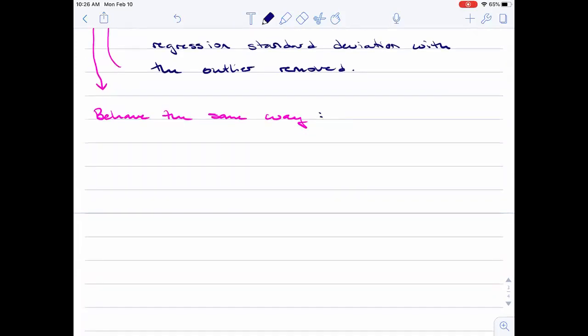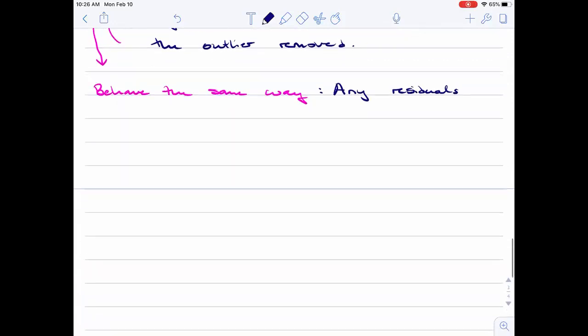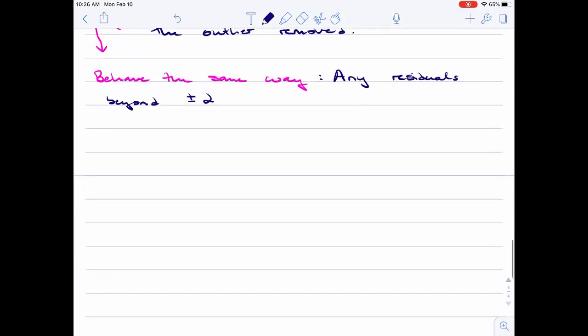And so any residuals beyond plus or minus 2 are considered moderate outliers.